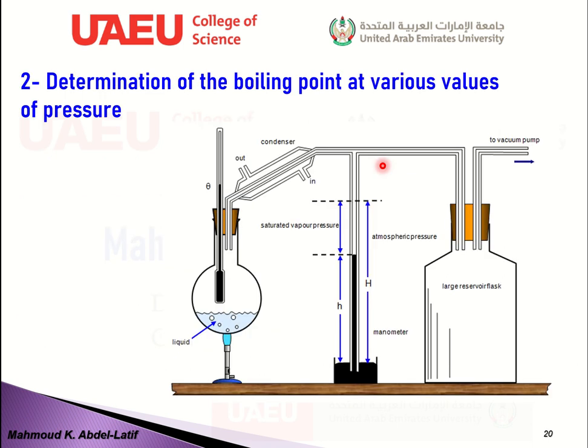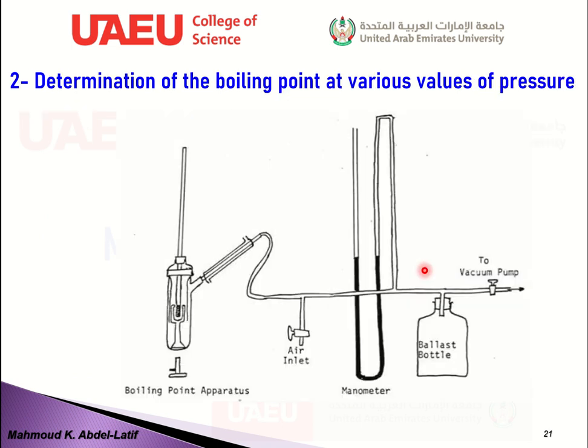The second method is determination of the boiling point at various values of the pressure above the surface of the liquid. This is the setup in another visualization. It looks like that one.